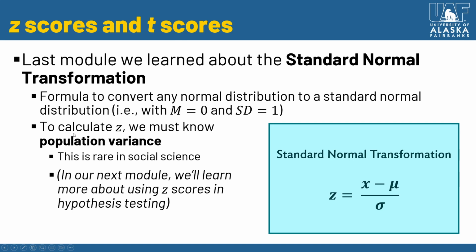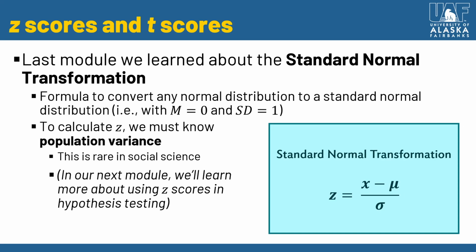However, to calculate z, we have to know the population variance, and in reality that's rare in social science. In our next module, we'll learn more about z-scores and hypothesis testing. There are some terms I'm throwing at you in this module that you won't have a full body of background knowledge of, and that's okay.